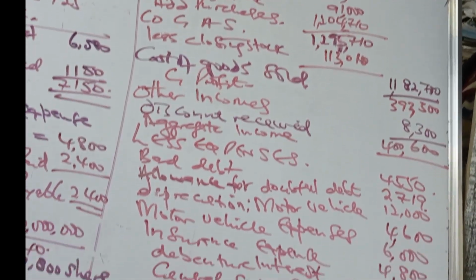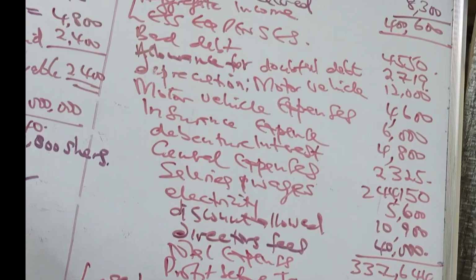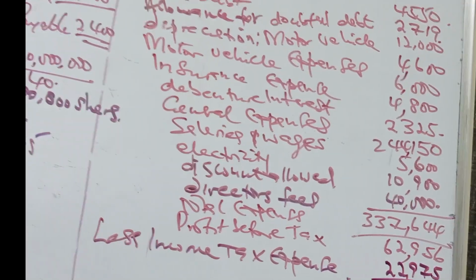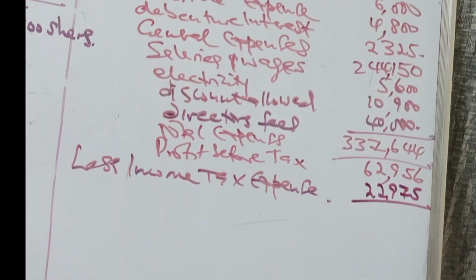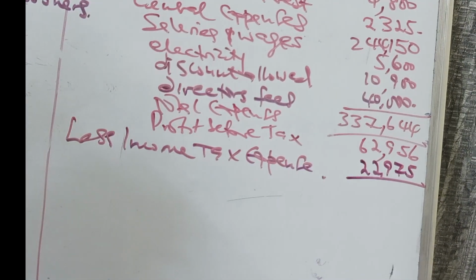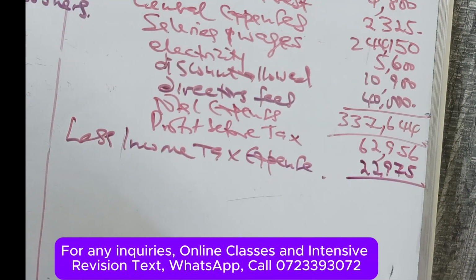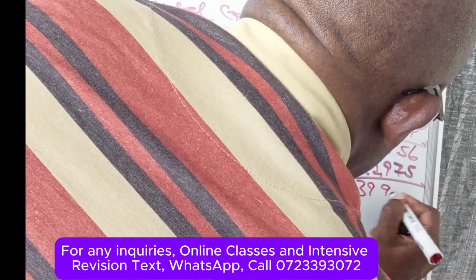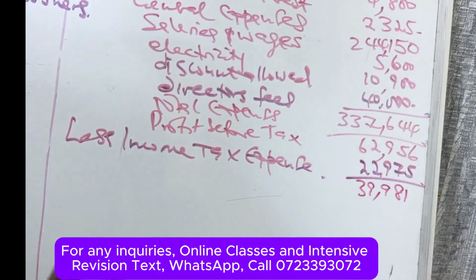Provision is to be made for debenture interest and corporation tax of 22,975. You subtract that: 62,956 minus 22,975. We get a figure of 39,981. Now that is the profit after tax.